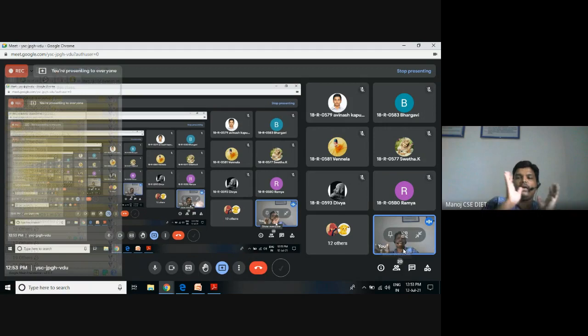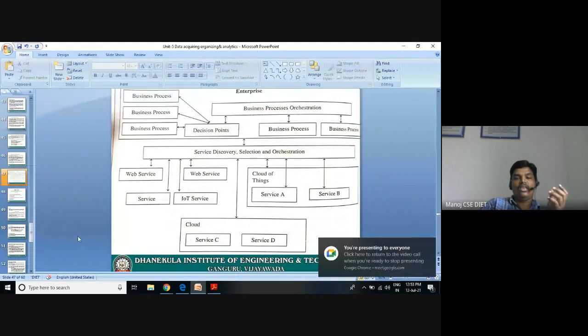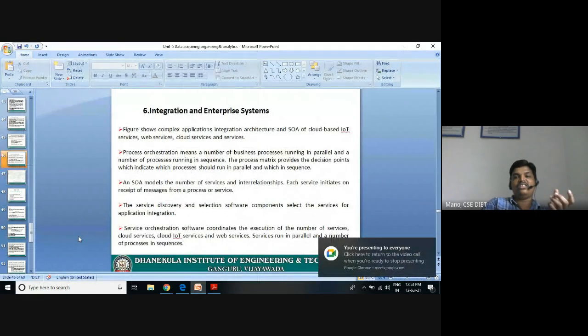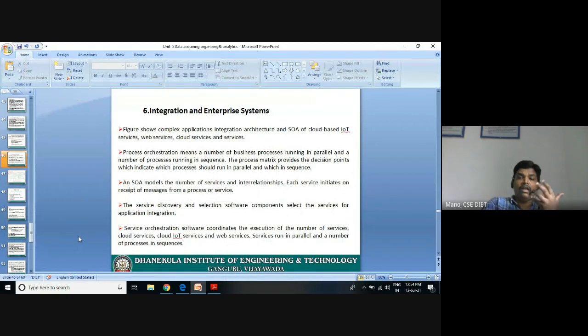That application should provide some services, and all those services have interrelationships between them, and exchange or transfer information among themselves in a parallel way or a sequential manner. Everything will be visualized with the help of this enterprise system, that is IES, integration and enterprise system. So it is a very important question, and you can go through it in a broad way when you are studying business analytics.